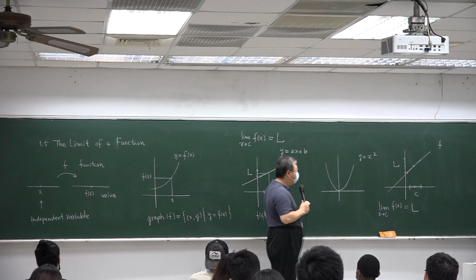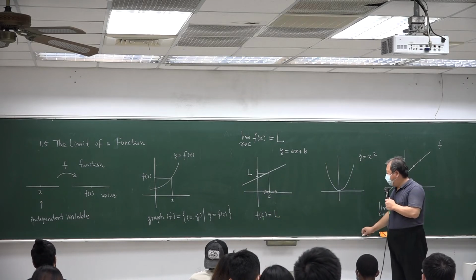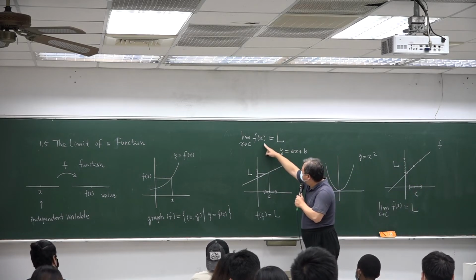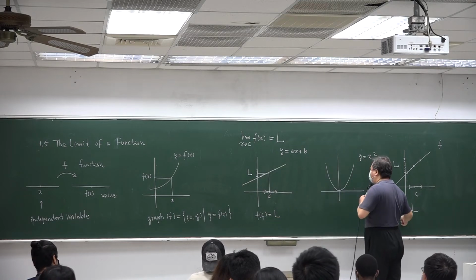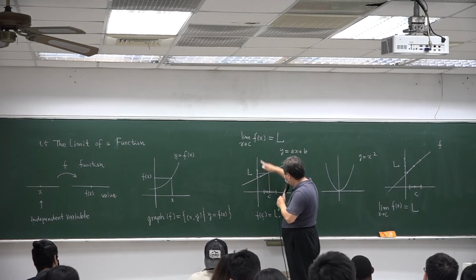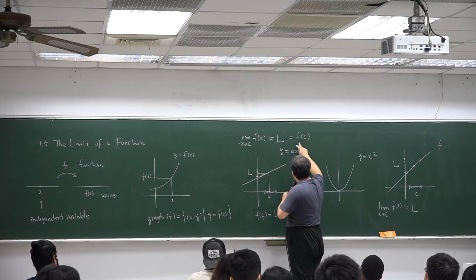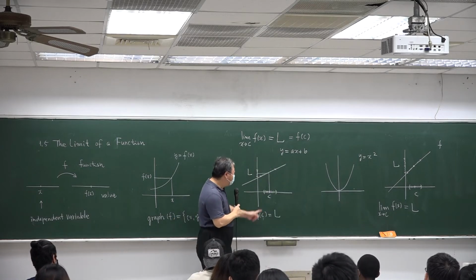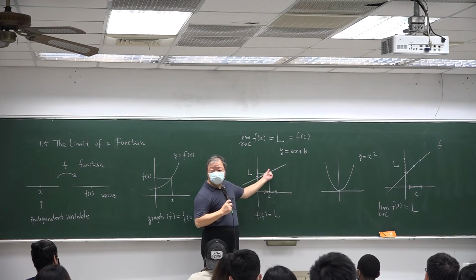Now something different occurs. Here f is defined at C, and here f is undefined at C. In the future, we will say that if this L is exactly the value of f at C, then f is continuous at the number C. Continuous says the graph is without gap, not cut.